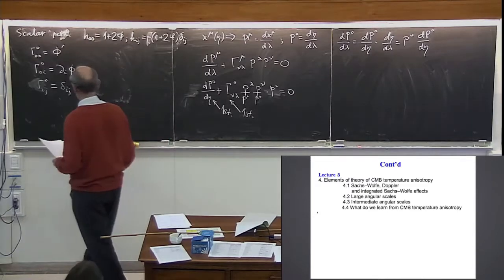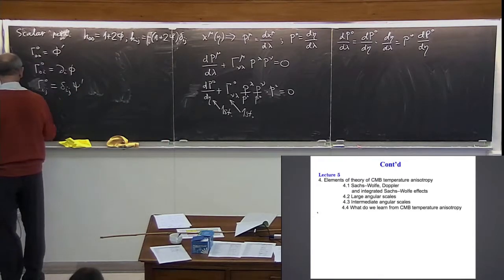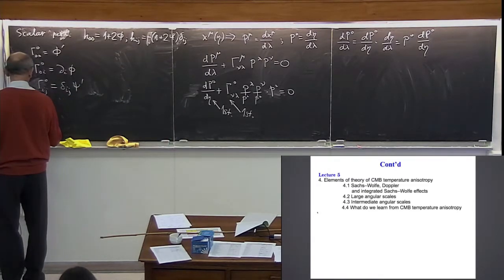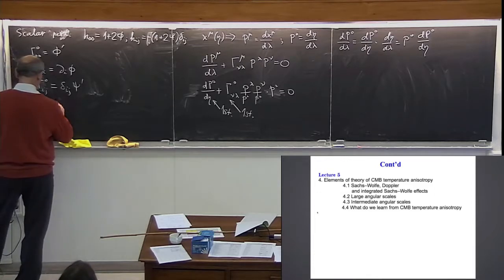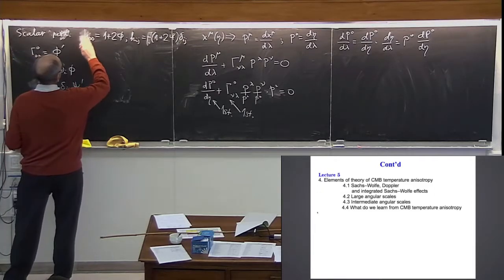that's scalar. For tensor perturbations, we have only hij, which is transverse traceless. So what I'm writing here, I should write here g naught and gij.